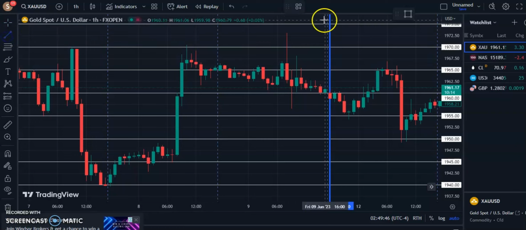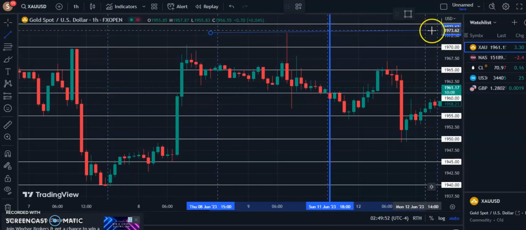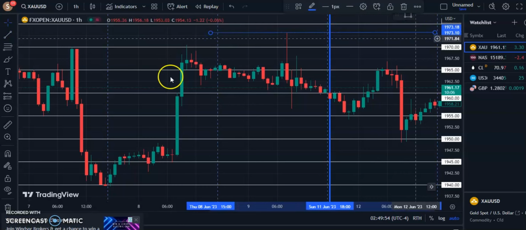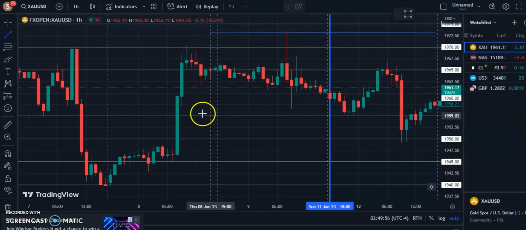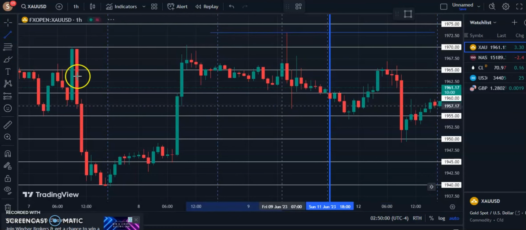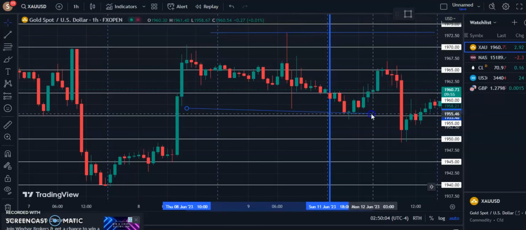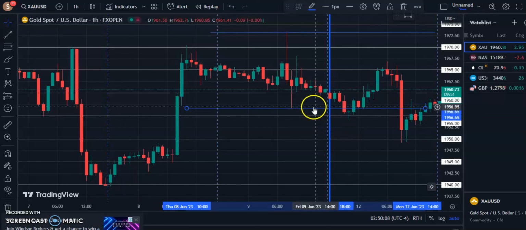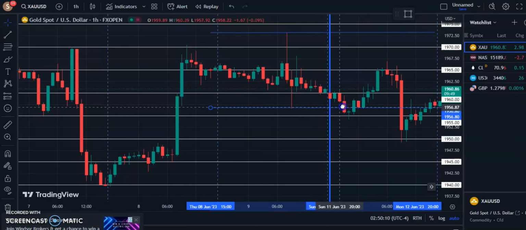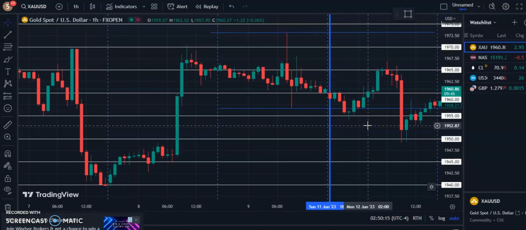So this is Monday, this blue line represents Monday. We have the high of the previous day and the low of the previous day here. This is before I get into the market. These are just the things that I plot out to give me the direction.